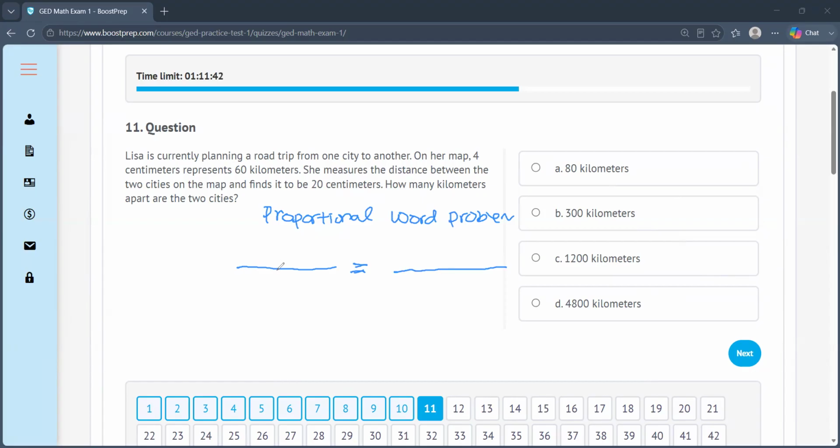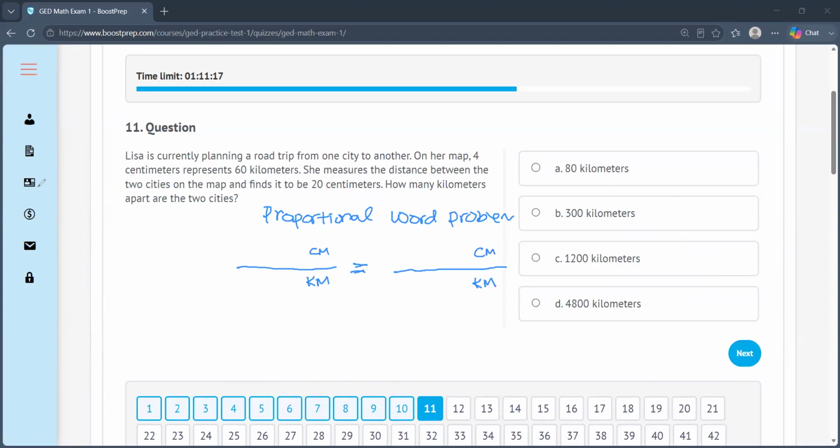You can set it up any way you like. You set it up as two fractions, and then what are our units? One of our units is centimeters, and the other unit is kilometers. So you could put centimeters on top and kilometers on the bottom. But if you do that over here, this should be centimeters and then kilometers.